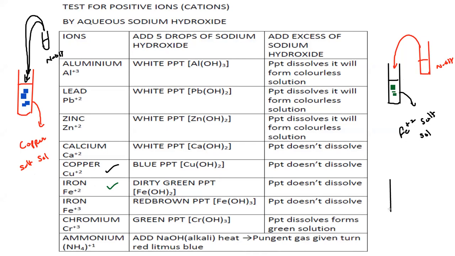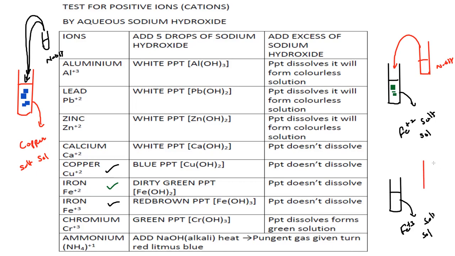Same way, if we have a solution with iron 3 ion, a salt solution, but this time it is iron 3, and we are adding sodium hydroxide. You can see this is the same test.